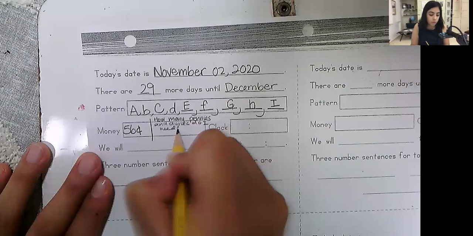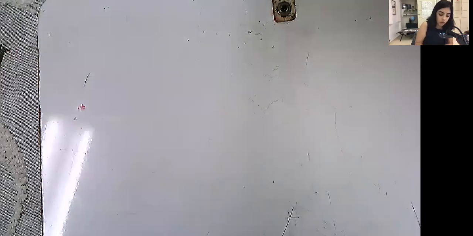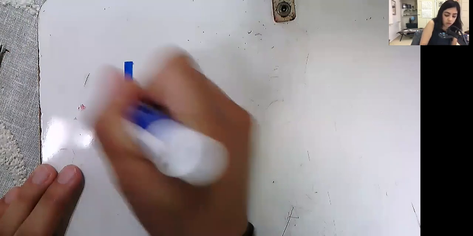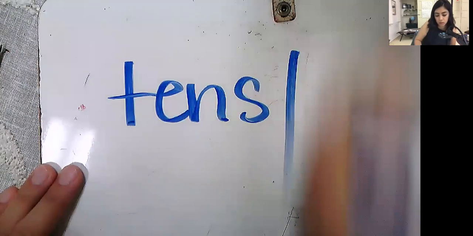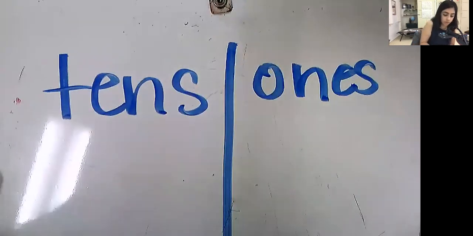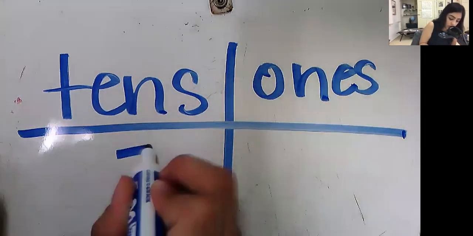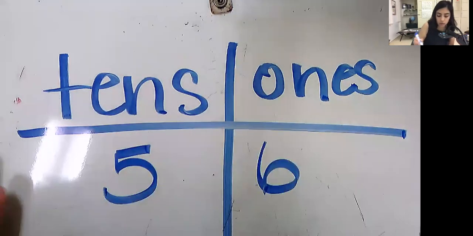So, do you see this right here? When we have the tens and the ones place, so it's 56, right? 5, 6.